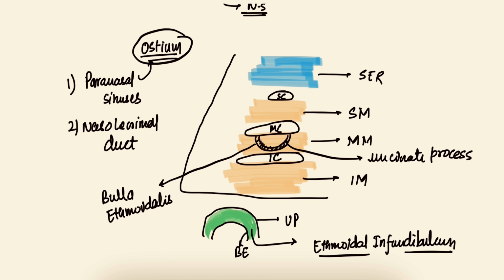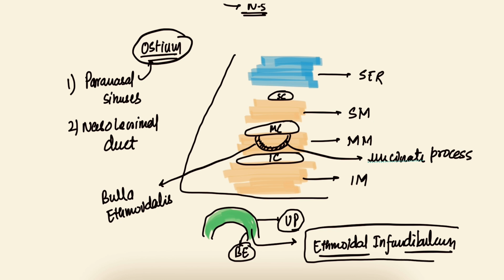So we saw that there is a round elevation known as the bulla ethmoidalis. There is a bony structure just above the bulla ethmoidalis, which is known as the uncinate process. This is sickle shaped, and the space between them is called the ethmoidal infundibulum.